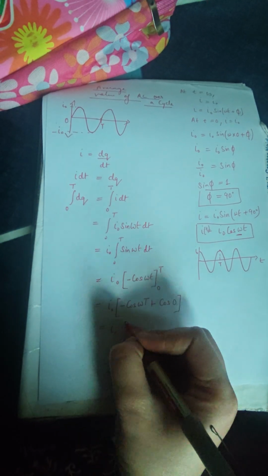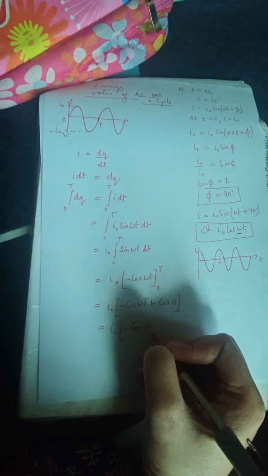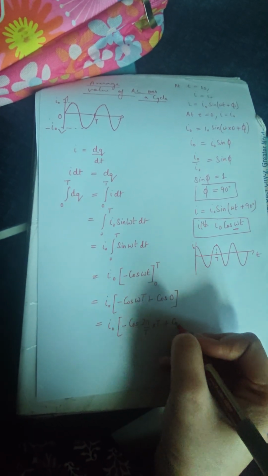What would it be? Minus cos omega t means cos 2 pi upon T into T, plus cos 0 means 1.